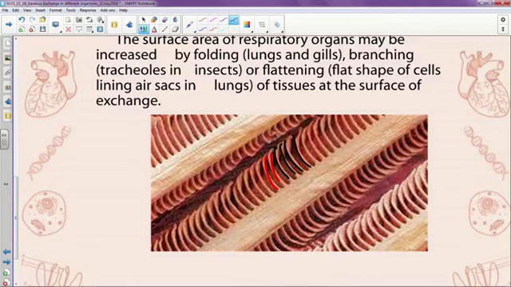So what happens? Water constantly moves over these, and as it moves over, the oxygen diffuses in and the carbon dioxide diffuses out into the water. So this is increased by the numerous folds, or we refer to them as gill rakers, that we see in the gill slits of fish or aquatic organisms.